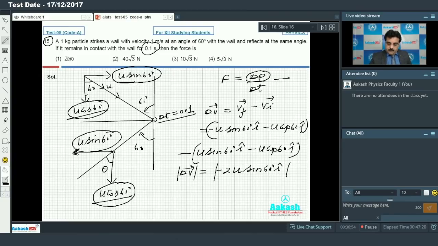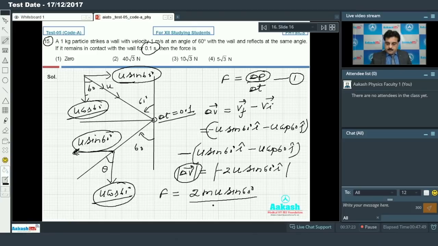So now if I use our equation number 1, because we need to calculate the force, first I will write the change in linear momentum, and we have the change in velocity. If I multiply by mass, we will get the change in linear momentum. So we'll write the change in linear momentum is 2 m u sin 60, and I'm going to take the magnitude, so there is no need of i cap.